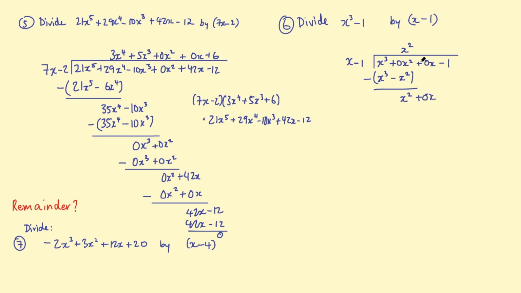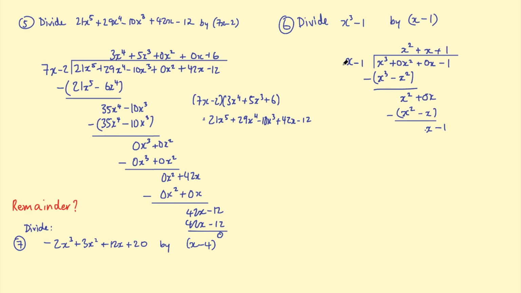Divide x squared by x, that's plus x. Multiply that term by x take 1. x squared take x. Subtract these. x squared take x squared is 0. 0x take negative x is plus x. Carry the next term down in the dividend. x divided by x is plus 1.